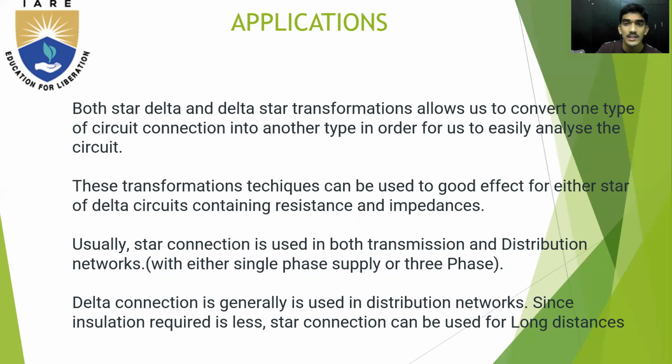Usually, star connection is used in both transmission and distribution networks with either single phase or three phase supply. Delta connection is generally used in distribution networks. Since insulation required is less, star connection can be used for long distances. So both star-delta and delta-star transformations allow us to convert one type of circuit connection into another type to easily analyze the circuit.